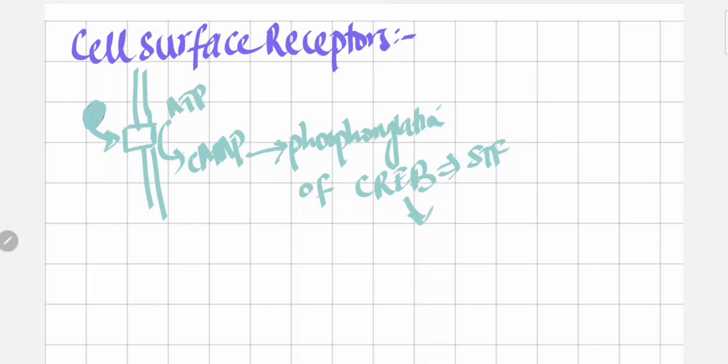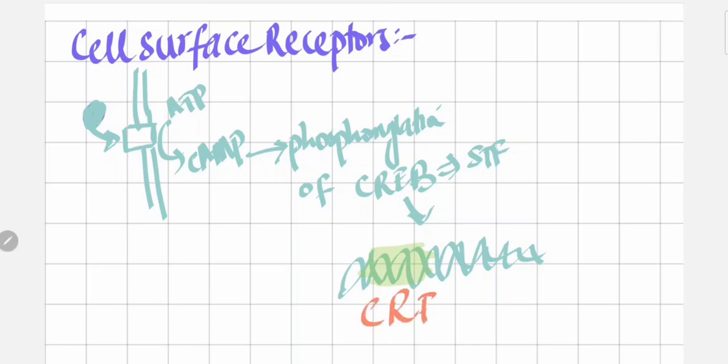This CREB is going into the nucleus, and in the nucleus it is going to get on the CRE, the response element.